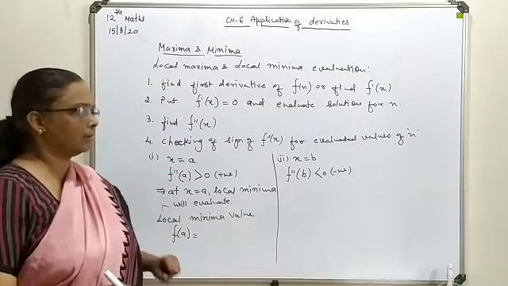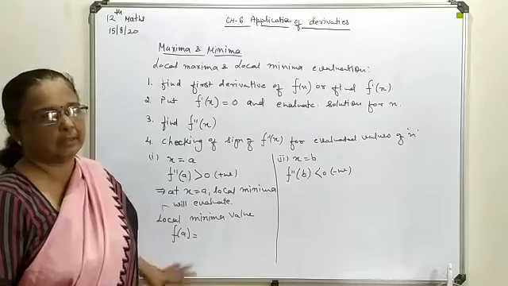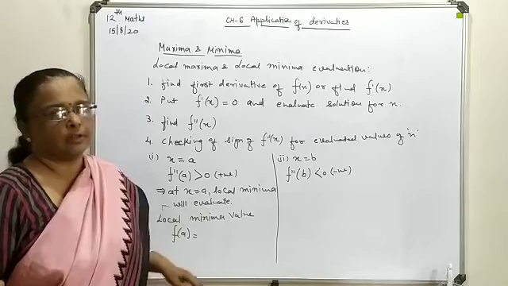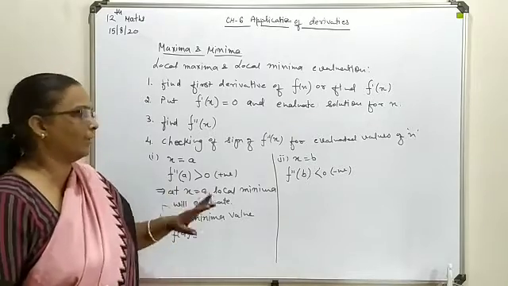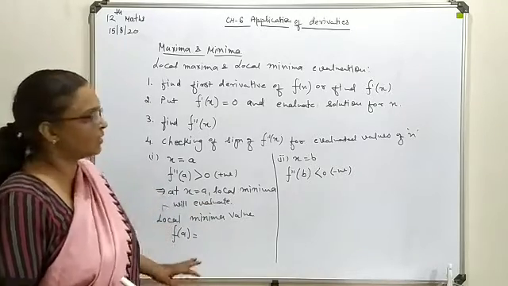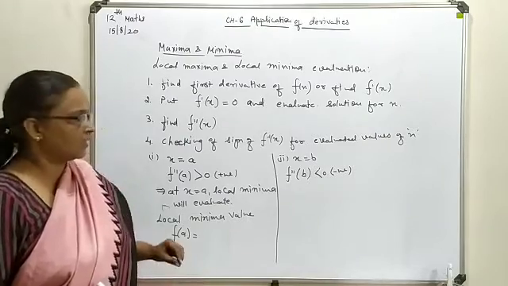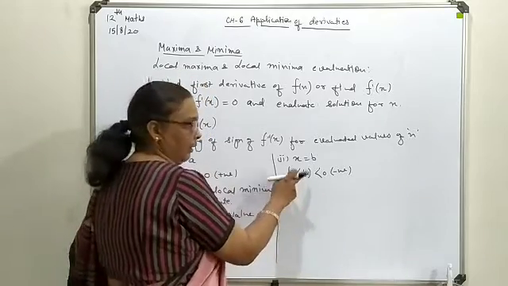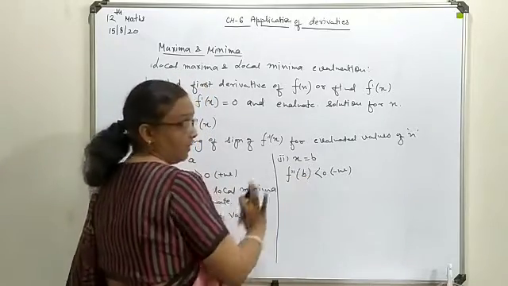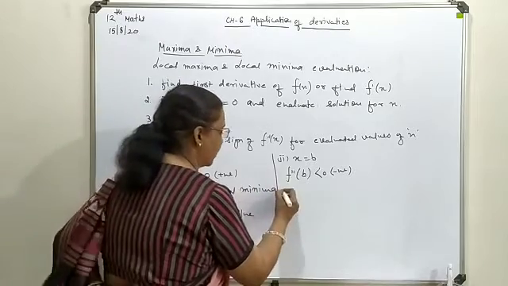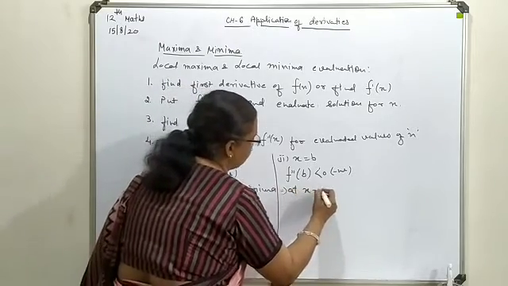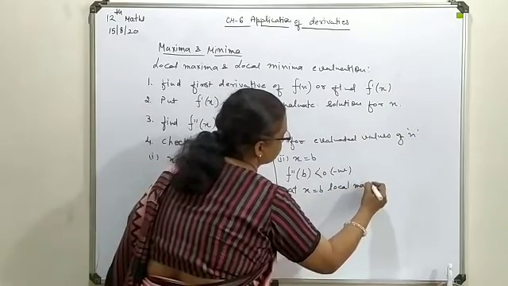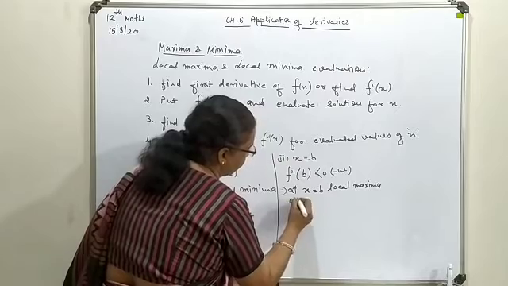So be very sure that such type of question at least you can attend. Here steps are very important. Evaluation of the term is not a very important part, because function value only we are going to evaluate. Steps should be very clear to you. So suppose for b value your second derivative is negative. So at that time you can say that at x is equal to b, local maxima will evaluate.